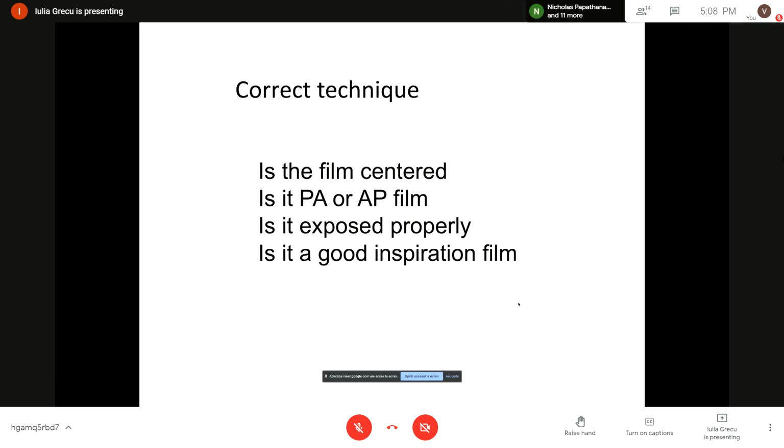You have to ask yourself if the film is centered, if the image you are looking at was obtained in a posterior anterior position, or inversely anteroposterior, if it's exposed properly, and if it's a good breath hold of the patient.